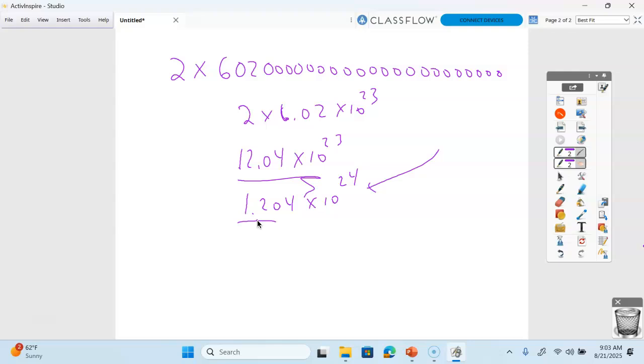Okay? All right, we've got a calculator on the desk, so I want you to flip this over and try the problem on the back.